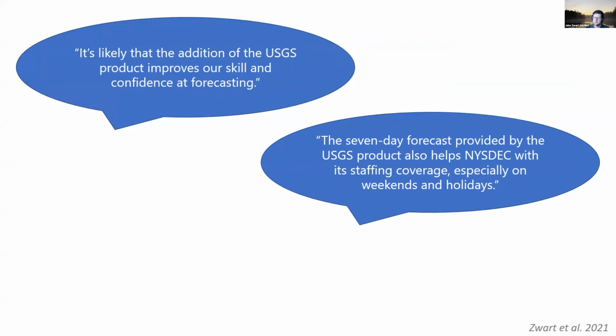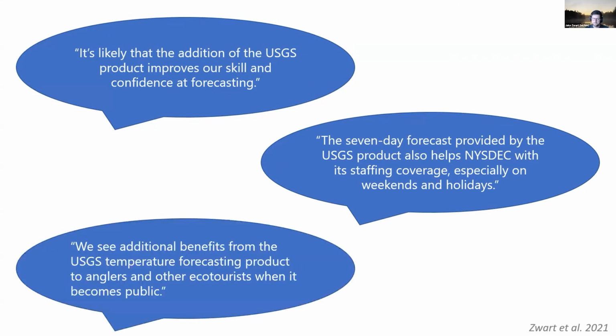Like I said earlier, the 7-day forecast actually helped them with staffing coverage around weekends and holidays. Our primary stakeholder was this reservoir manager, but they also said that they see additional benefits for anglers and other ecotourists in the basin when it is public. That's encouraging and good motivation to create more operational products.